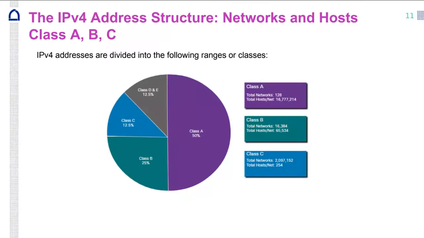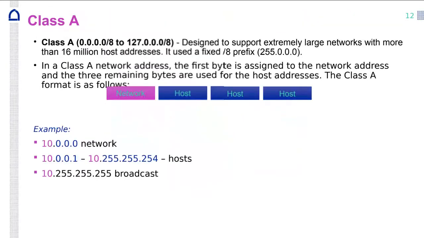Class C, 3 octets for network, 1 octet for host. Class D and class E are special. We'll talk about them later. Which class will give you the highest number of hosts? Class A, very good. Which class will give you the lowest number of hosts?